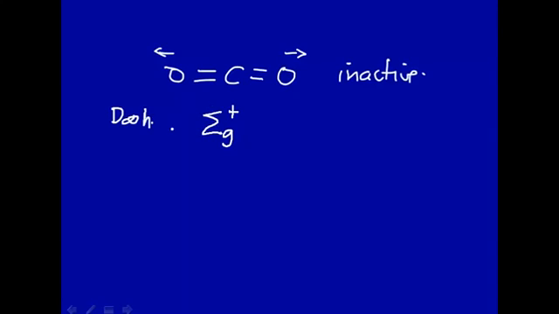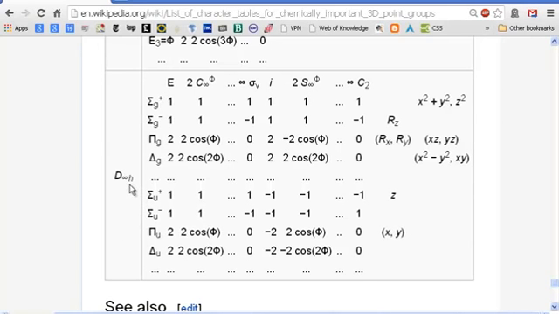So let's see if any second order Cartesian system transforms or has the same irreducible representation as sigma G plus. So here's the D infinity H point group character table, and here we have sigma G plus, a totally symmetric. Oh look, X squared plus Y squared and Z squared.